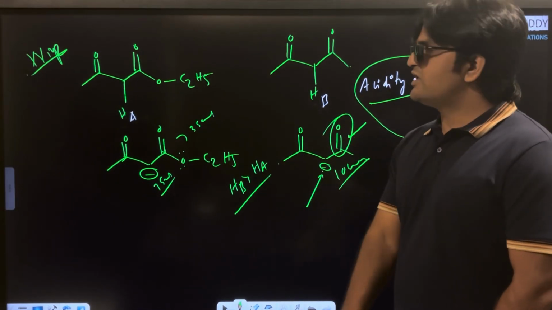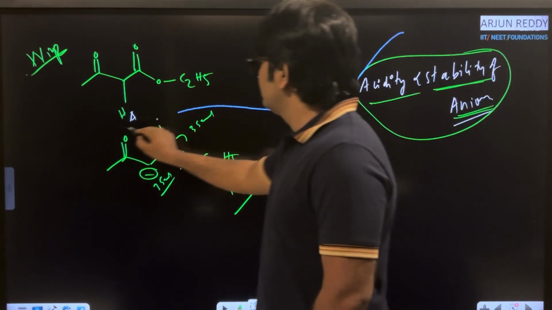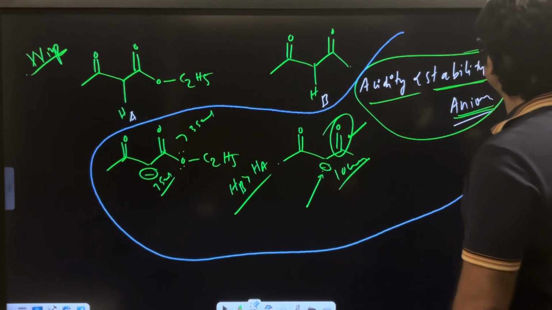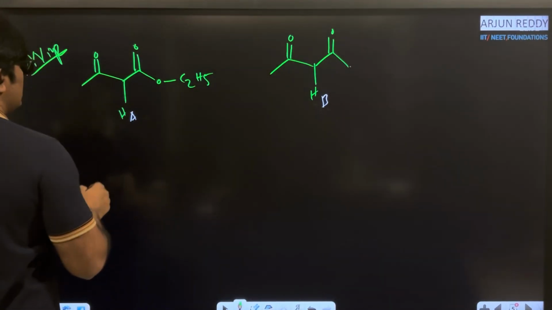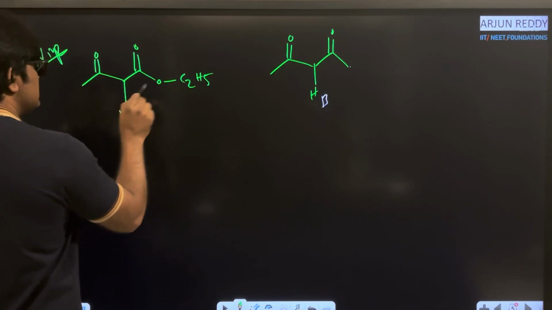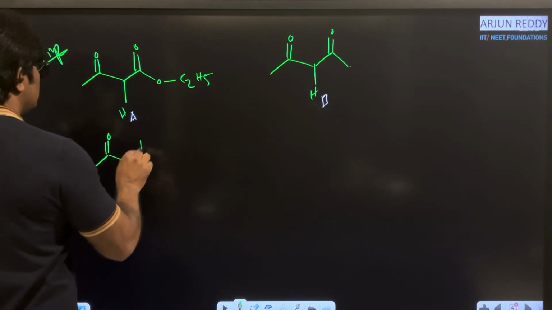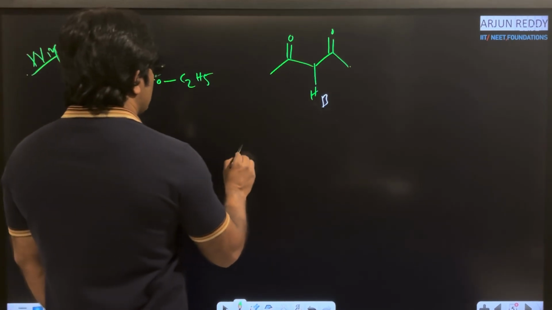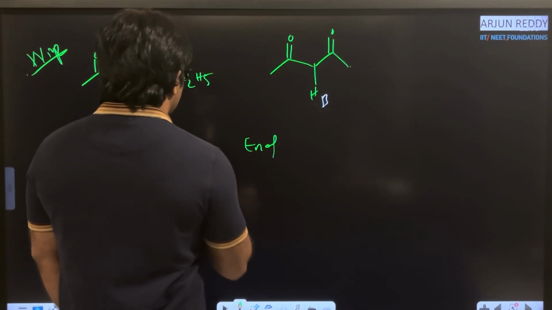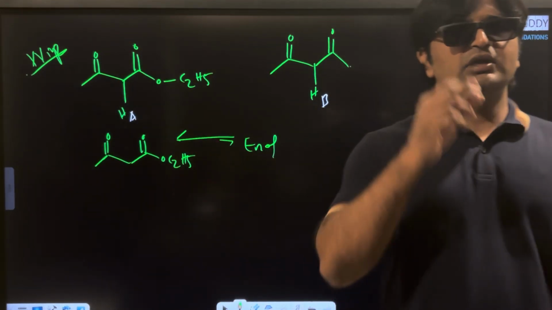On the basis of acidic strength, now you remember this point. Here in the case of a 1,3-dicarbonyl, but with an extra ester present, I am writing like this: double bond O, C2H5, and here on the right hand side I am writing the enol form, but here the keto form is more dominating when compared to the enol form.